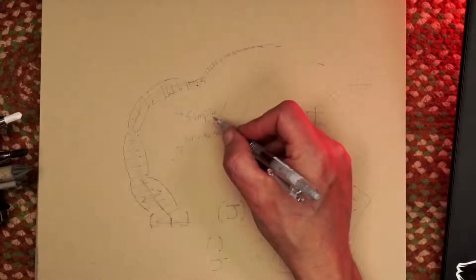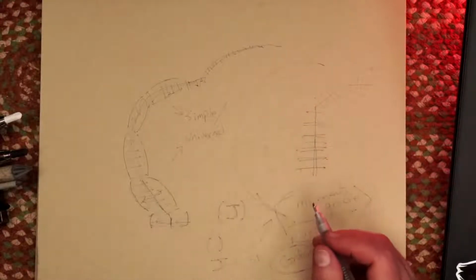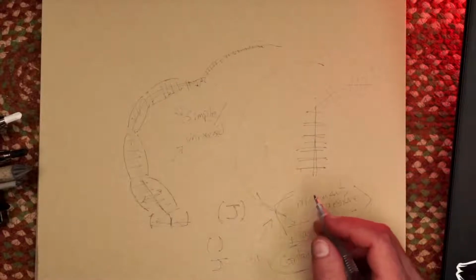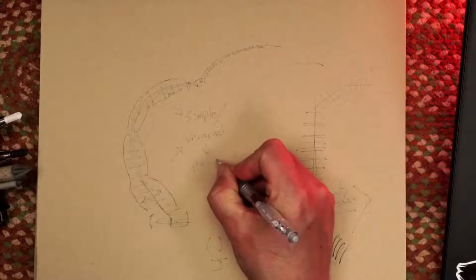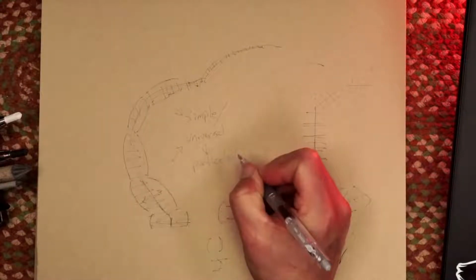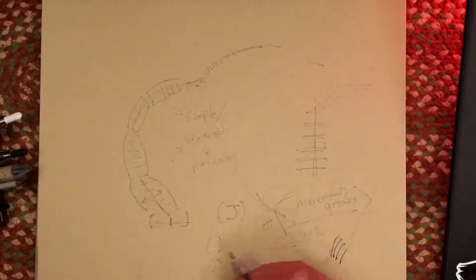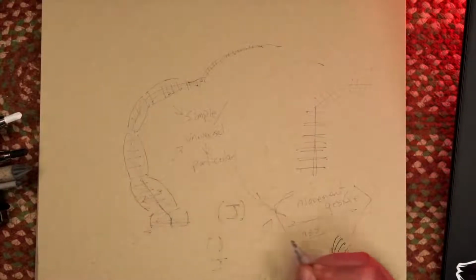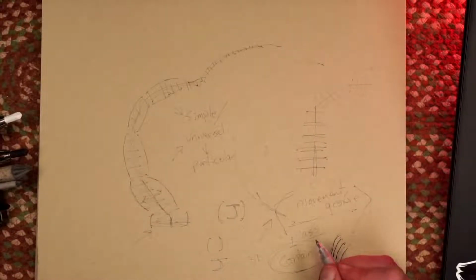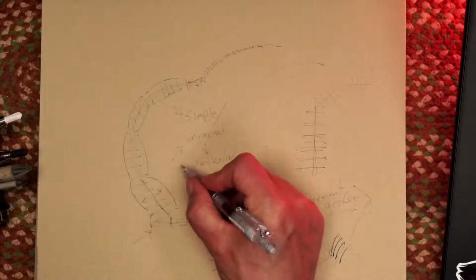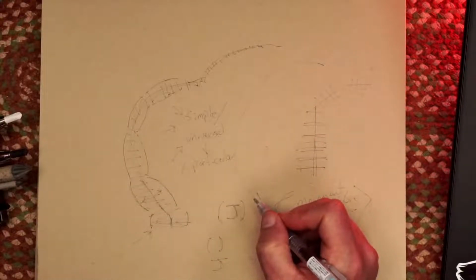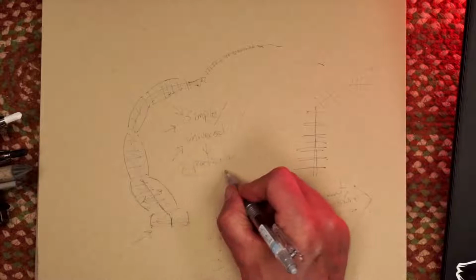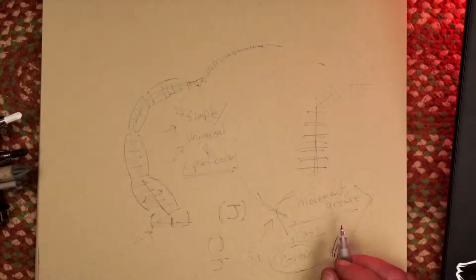But we start with the simple, and then tomorrow night, what we're going to talk about is we go to the particular. In other words, instead of just a general cylinder, we want to talk about this particular tree. Right? And if we forget about the particular tree until we understand it simply, then it's actually very easy to get to the particular, right?